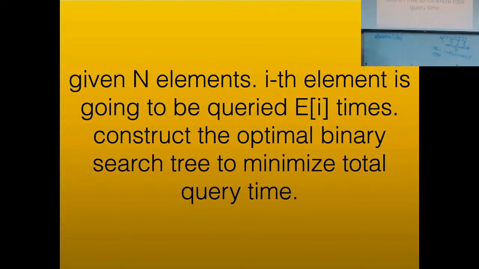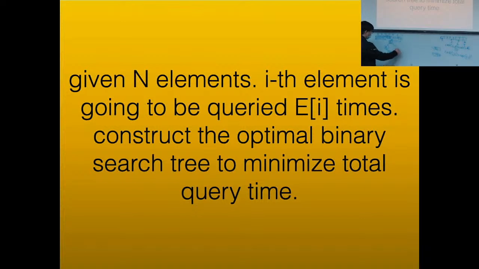So the optimal here might be to put the root 5 here because it's called fewer times, but I don't know, maybe. But basically every time you put a root here, the rest of the elements will be one more depth. So let's just put an example.